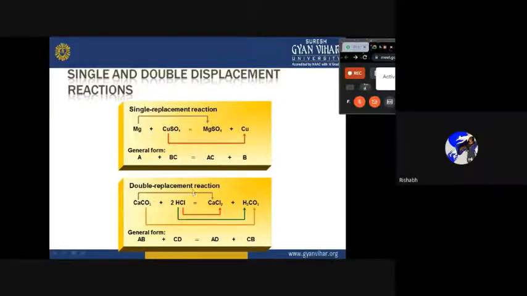Now in the double replacement reaction, you see our reactants are calcium carbonate plus 2 molecules of HCl. They are reacting, and calcium is replacing hydrogen, and hydrogen is replacing calcium.